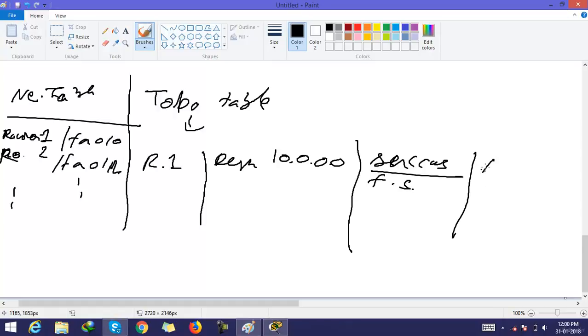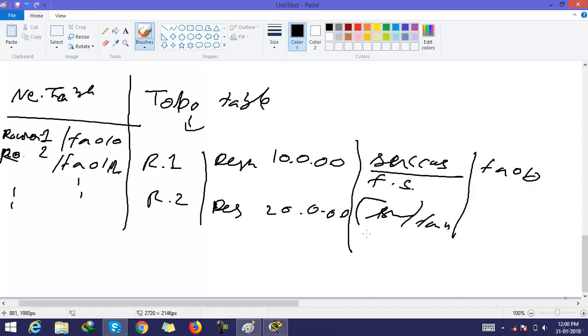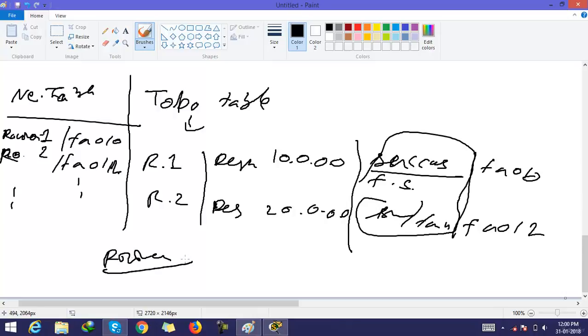Then it is connected via FA 0/0. Then the router 2 and the destination address is 20.0.0.0. This is successor or feasible successor, as mentioned in this column, and it is connected via FA 0/1.